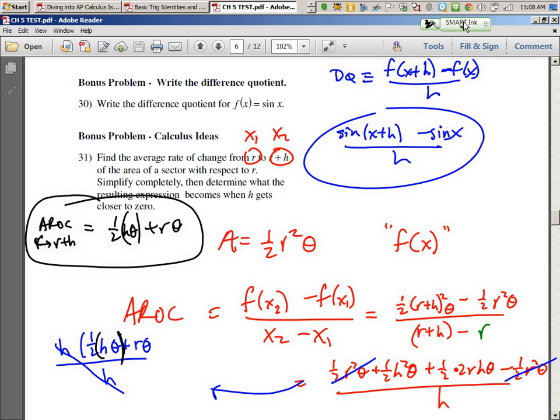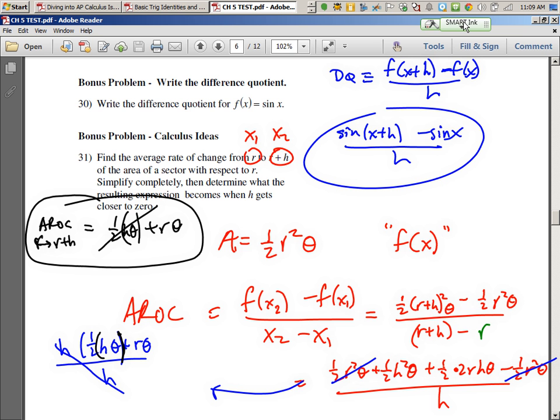What would happen to 1/2 h theta if h got really small, if h was 0.01, 0.001, 0.000000000001? This term would vanish, leaving you with something very interesting. Evidently, the average rate of change for very small changes of the area of a circle is its arc length.